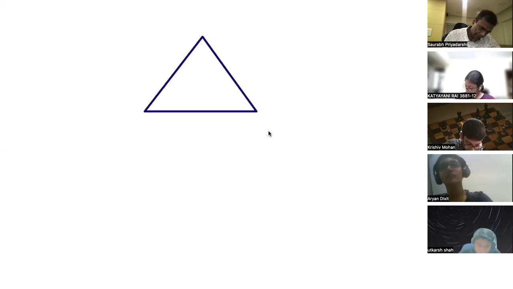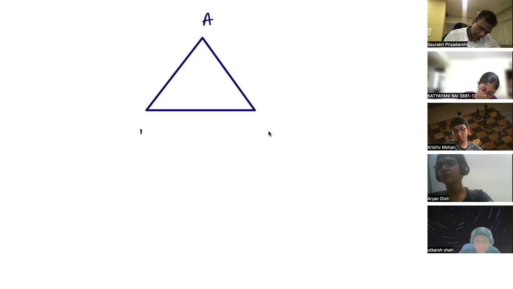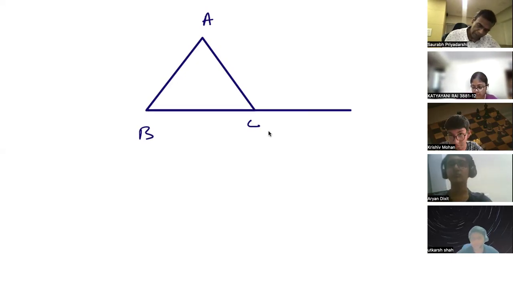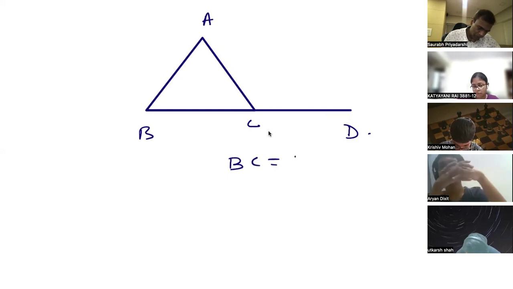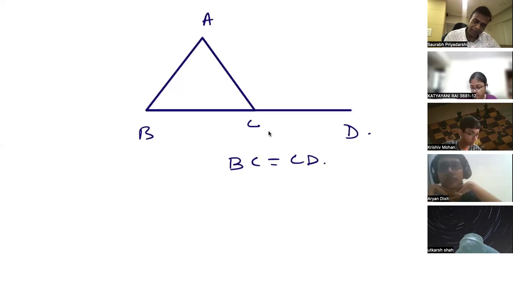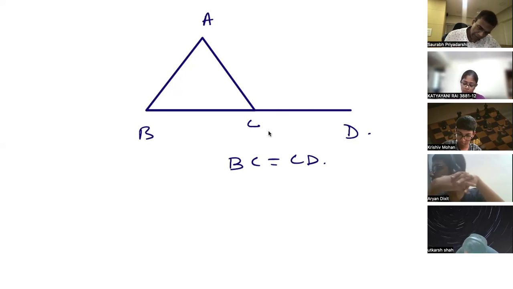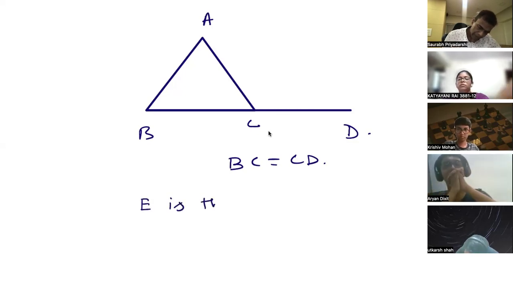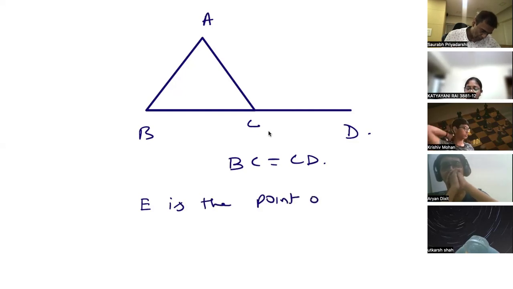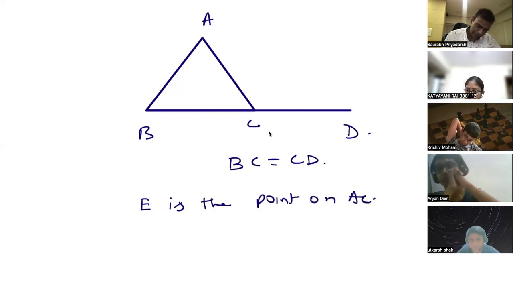ABC is given, right? Extending this BC to D such that BC is equal to CD. ABC is a triangle, extending BC to D such that BC is equal to CD. E is a point on AC.